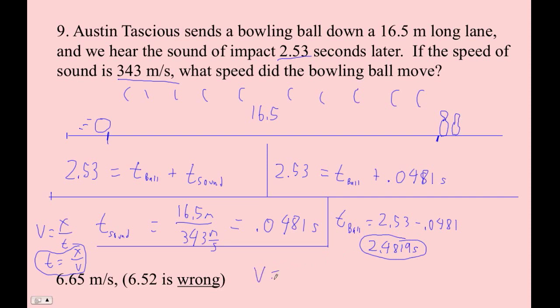The velocity of the ball then is going to be distance over time. And that's going to be 16.5 divided by the 2.4819 seconds, right? So 16.5 divided by the answer I've got on my calculator, 6.648 meters per second, which is 6.65 rounded to 3 digits.